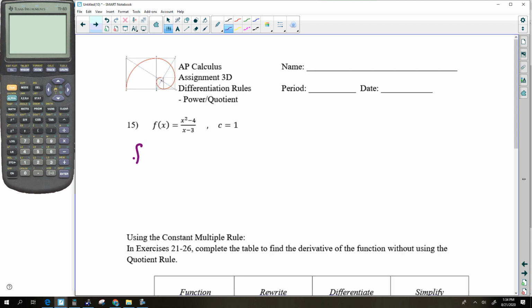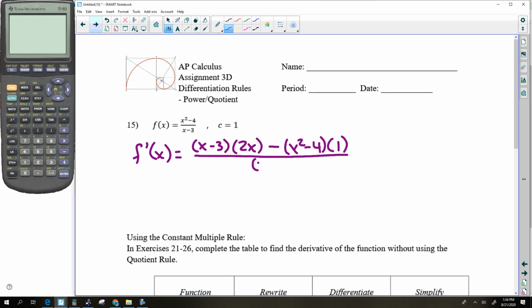All right, so here, bottoms up, derivative of the top, minus vice versa. All over the denominator, squared. I'll do one quick cleanup step.